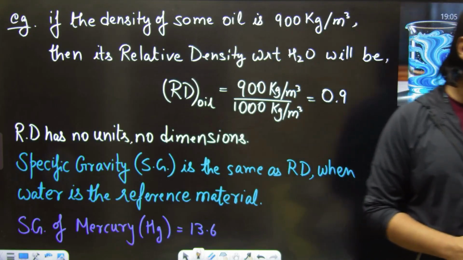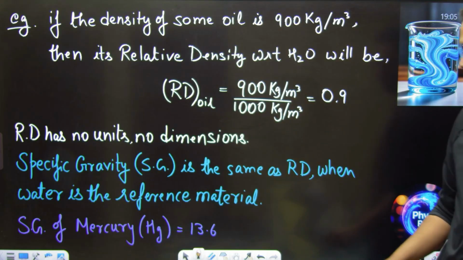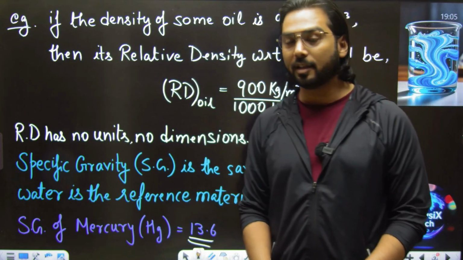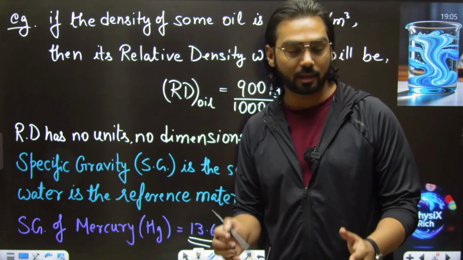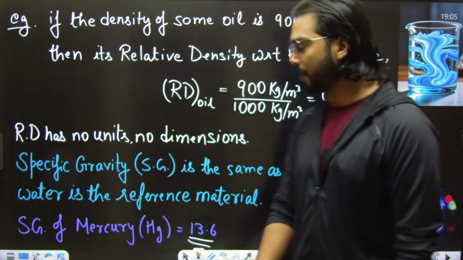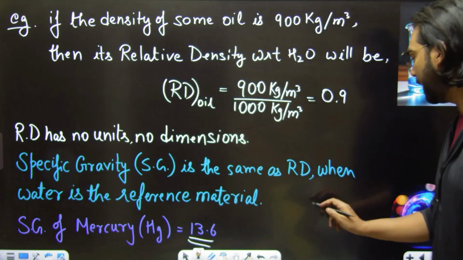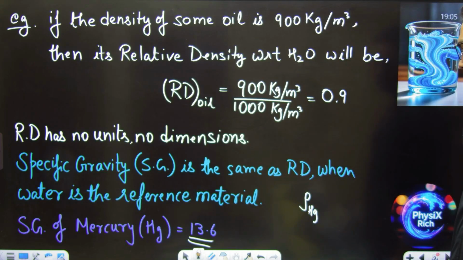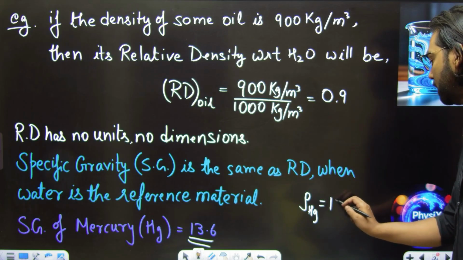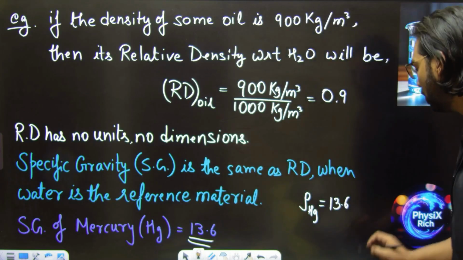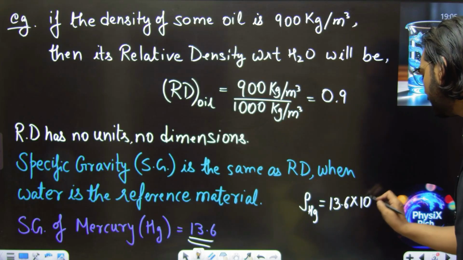I hope you all can see it, that the specific gravity of mercury is 13.6. Again, it has no units and no dimensions. But if I were to ask you what the density of mercury is based upon this data, then you would say that the density of mercury, Hg is the symbol of mercury, is 13.6 times heavier than water.